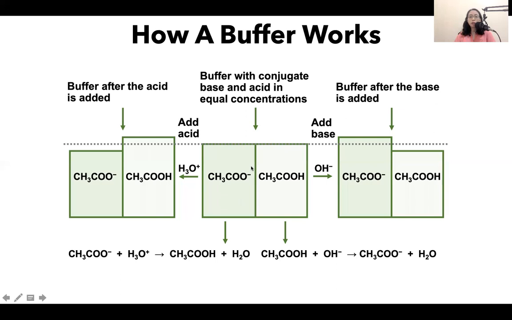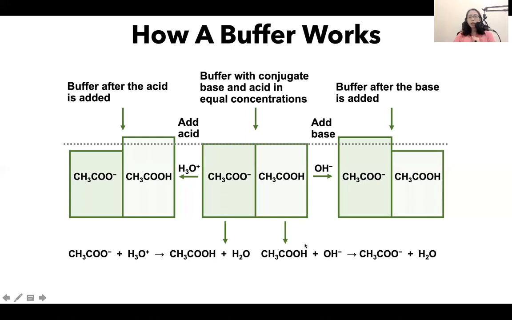On the other hand, if we add a strong base to our buffer, let's go back to our starting point. A buffer containing equal amounts of the acetate and the acetic acid. So we have our hydroxide. So the strong base is represented by the hydroxide ion. This time we have the acetic acid that can neutralize the added base.